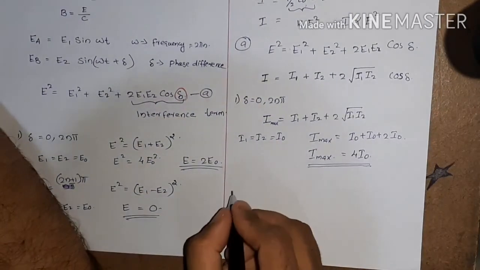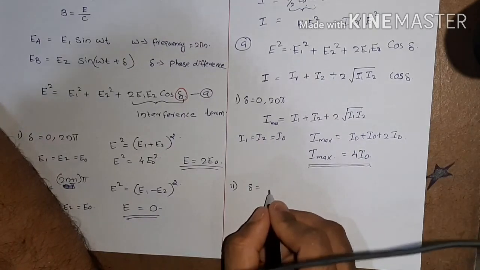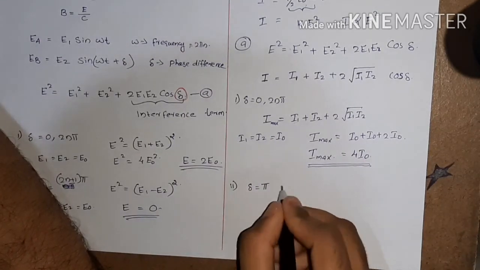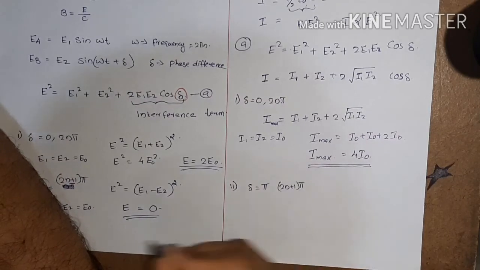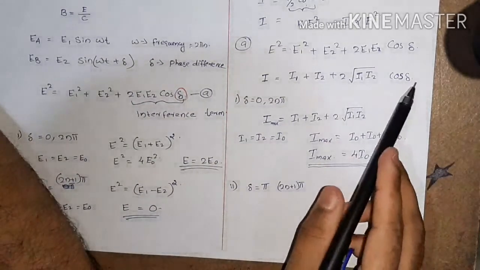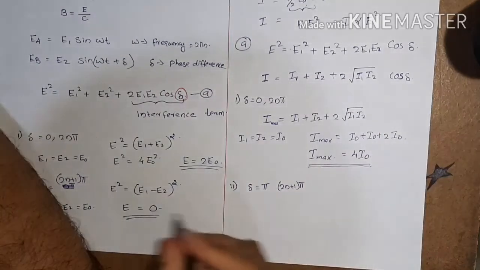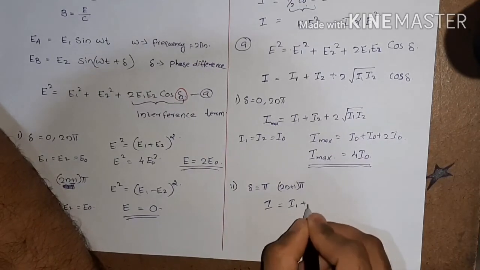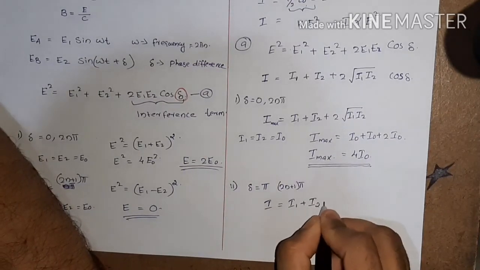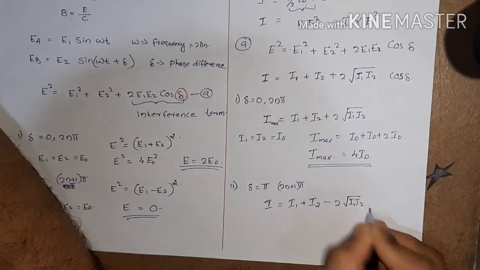Again, I am taking the second condition. If delta is equal to pi or odd multiples of pi, that is (2n plus 1) pi, then cos pi, or cos of odd multiples of pi like 3 pi, 5 pi, is minus 1. So the resultant intensity I will be equal to I1 plus I2 minus 2 root I1 I2.